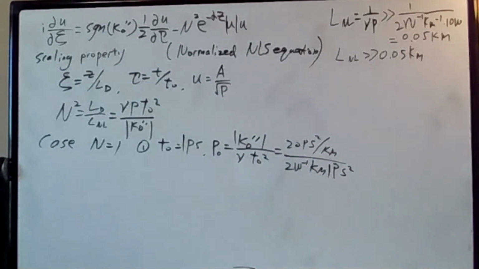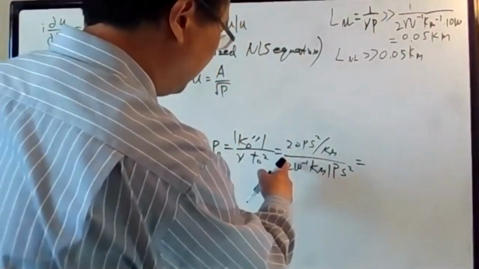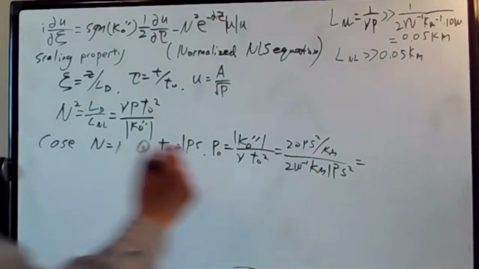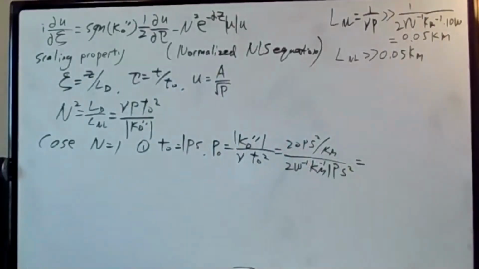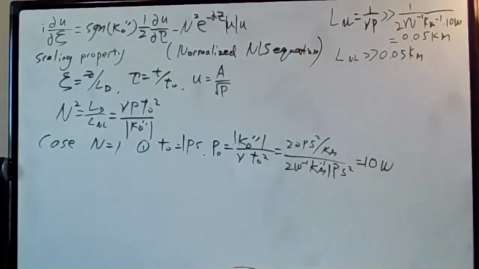So in this case, if it's 1 picosecond, this is inverse kilometer, so this is 10 watt, right? It's the 10 watt. Did I calculate correct? I think so, right?